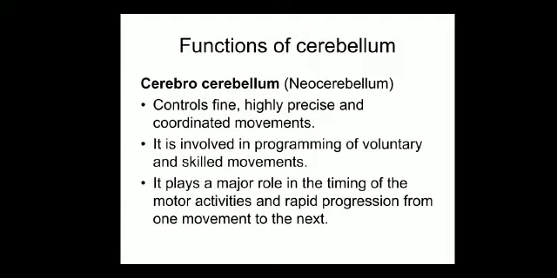This is the main function of the cerebellum. And after the execution of the movement through the corticospinal tract, I already mentioned that again it compares through the proprioception. If there is any alteration, immediately the information will go to the cerebral cortex again, then there will be changes in the movements.